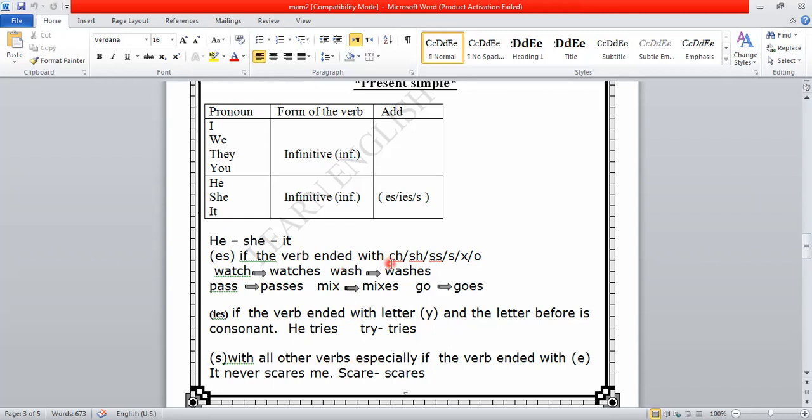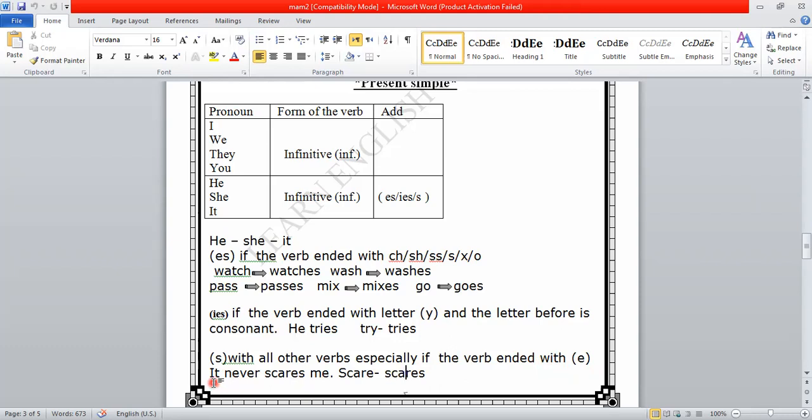If the verb doesn't end with ch, sh, ss, x, or o, or if the verb doesn't end with y and the letter before is a consonant, we will automatically add s, especially when the verb ends with e.